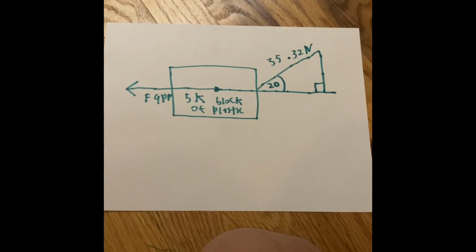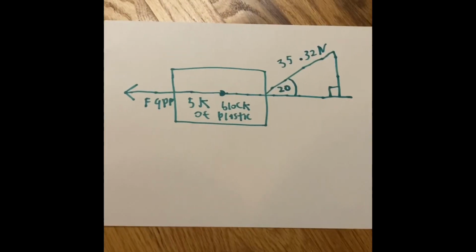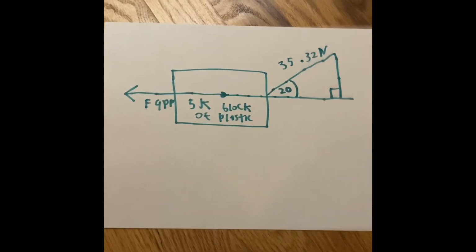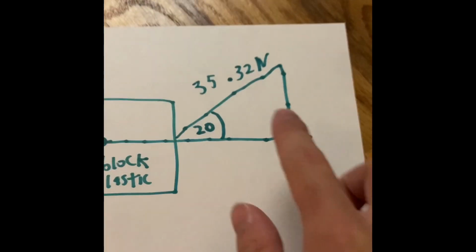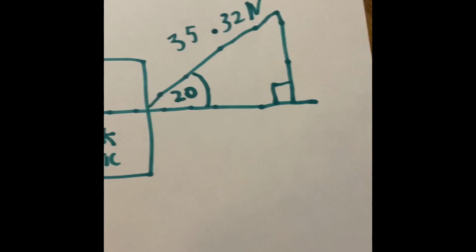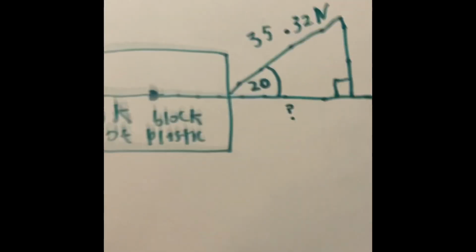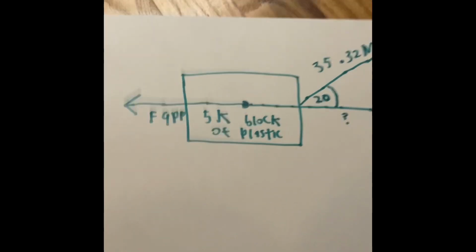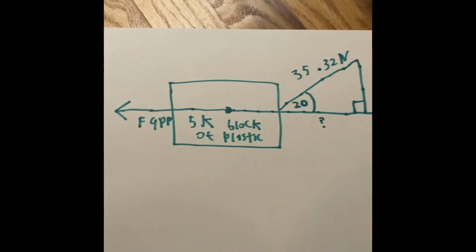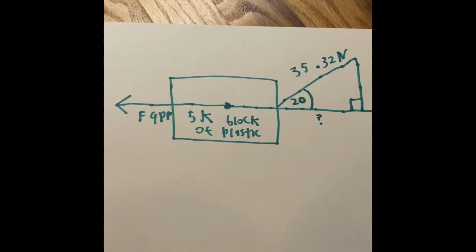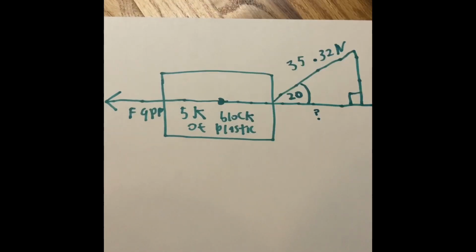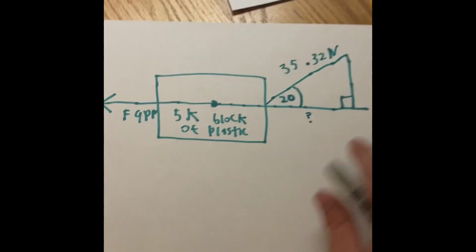How are we going to solve that problem? Since we made a right triangle, if we can find what this side here is, the force being applied to the left horizontally, then we can find how much force is applied on that block horizontally. What we have to do is use trigonometry.